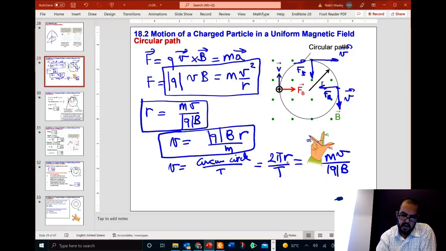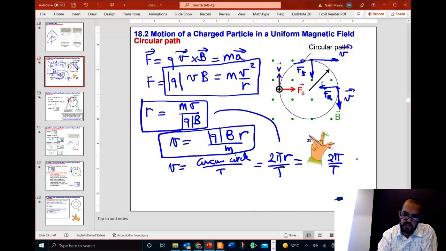No, sorry, this is 2 pi r over T. We need to replace r. So this is 2 pi over T, and r is mv over qB.